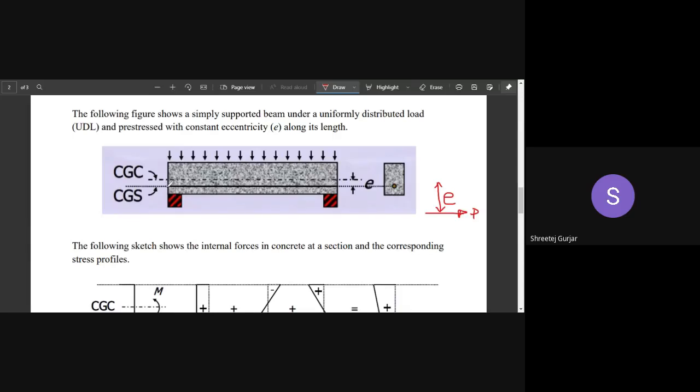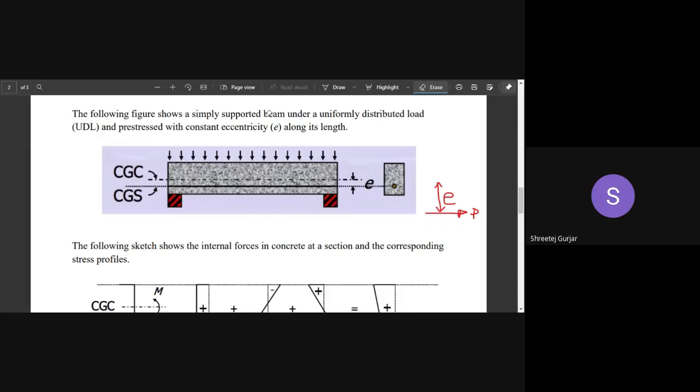You can see the tendon is having the same profile. It is not inclined, or curved. It is straight, but it is having some amount of eccentricity, which is e. And this is your cross section, and in it you can see this is your steel tendon, which is eccentric by a certain amount, small e.